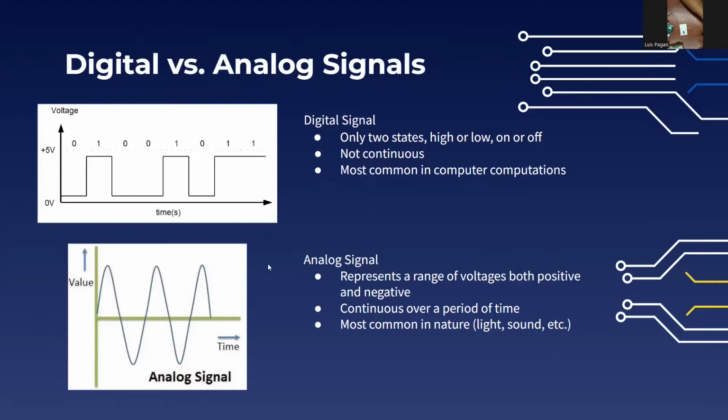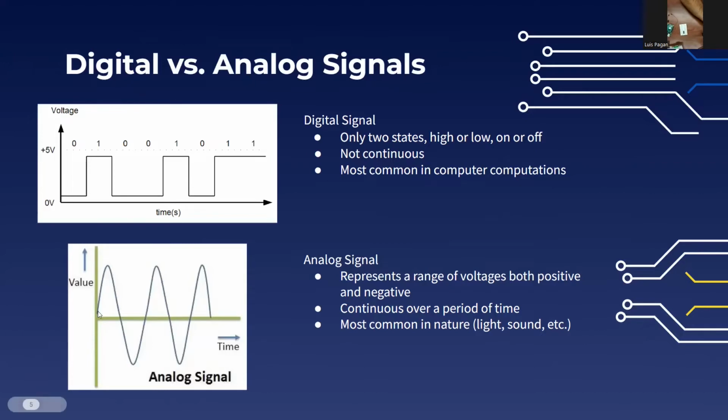And then moving on, we have the analog signal. An analog signal is different because it has a range of values, and it's not high or low. It's again a range of values. So, for example, when we're doing PWM output, we're simulating an analog signal.